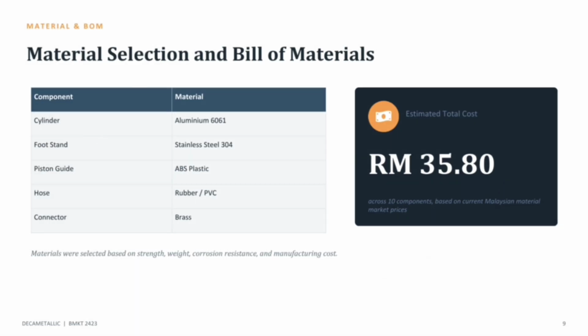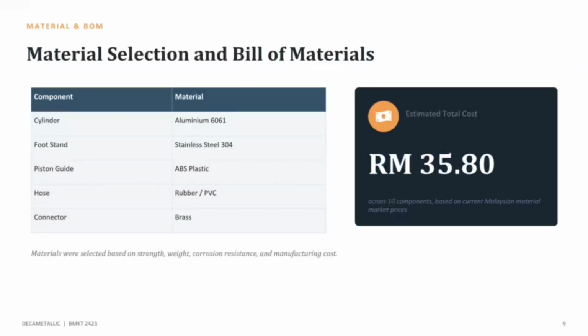Hi, I am Ahmad Amirul Lutfi bin Abdullah. I am responsible for assembly, visual design and modeling the bottom end cap and hose cap connector. For material selection, each component was assigned a material based on its mechanical requirement. The cylinder barrel uses aluminum alloy 6061 for its high strength to weight ratio.